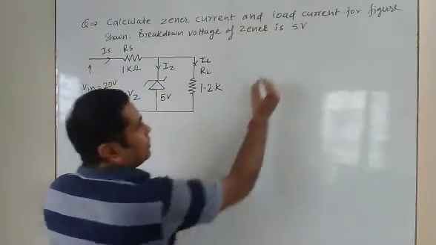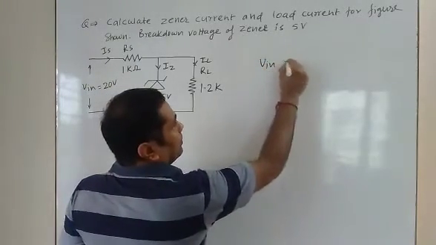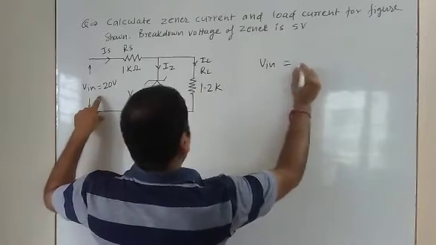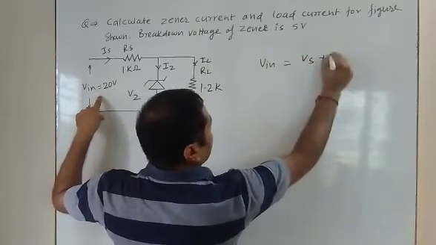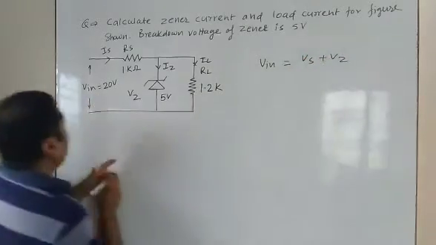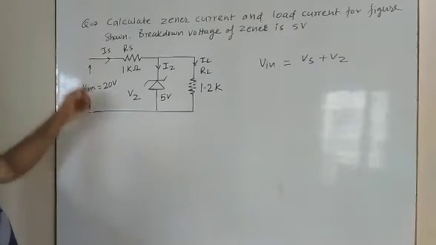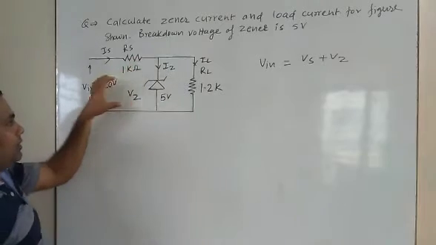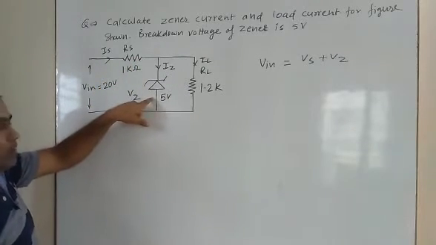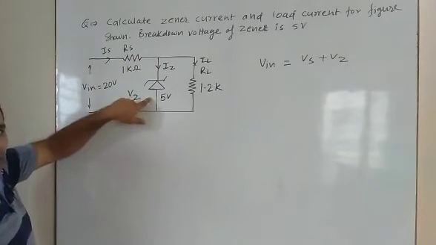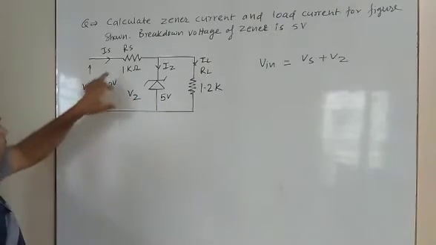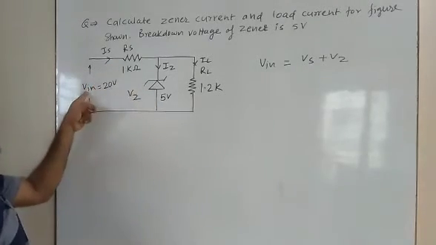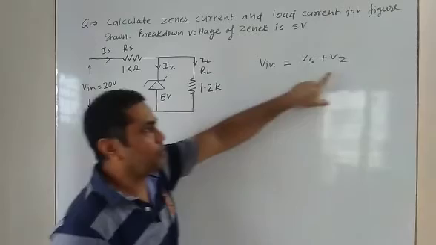KVL is Vin equal to Vs plus Vz. See here, this is the applied voltage. It is distributed across the current limiting resistor. Then it is applied to the Zener diode, which is connected in reverse bias mode. That means if you add these two voltage drops, it will be equal to this much. So this is the first formula.